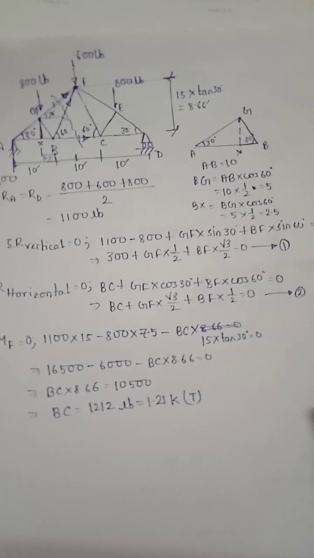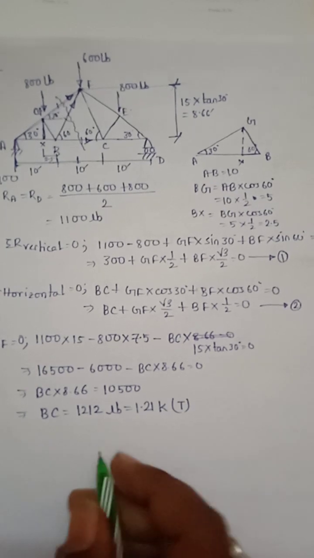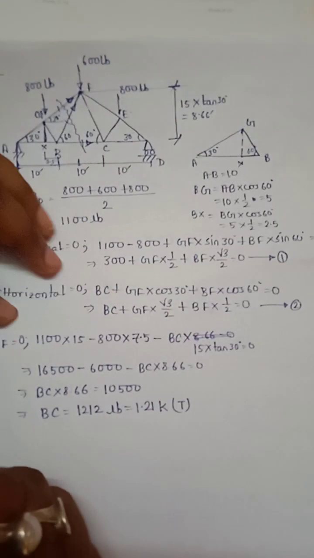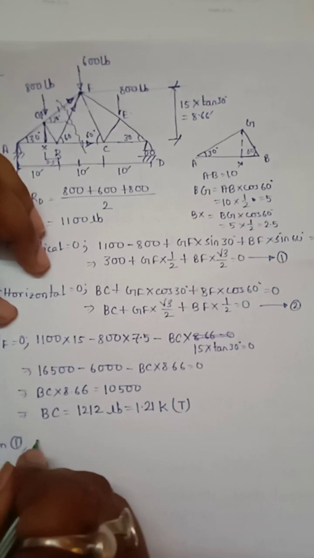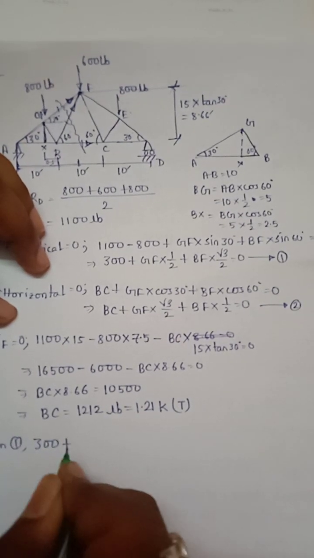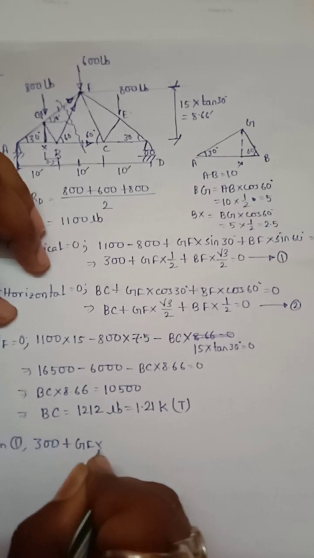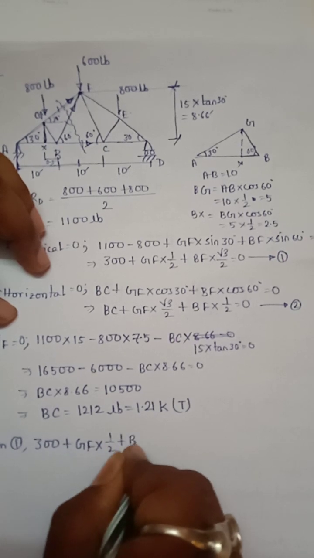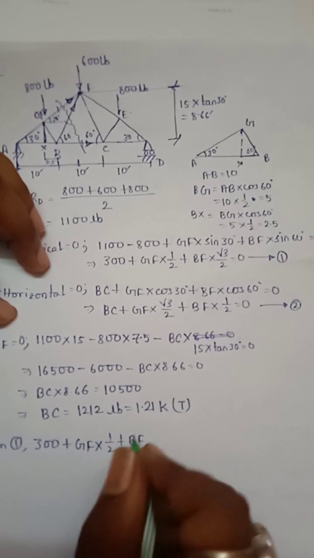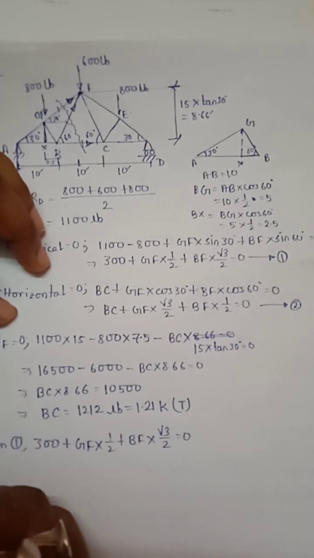Now simply we have to solve the equations 1 and 2 with the help of force BC to know all the forces. From 1, 300 plus GF into half plus BF into root 3 by 2 equal to 0.